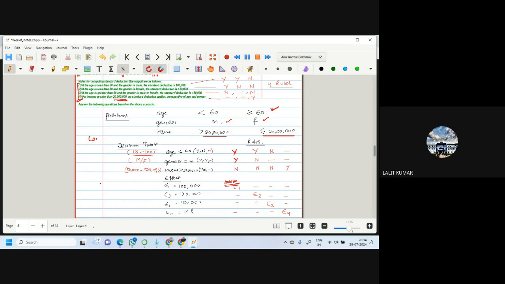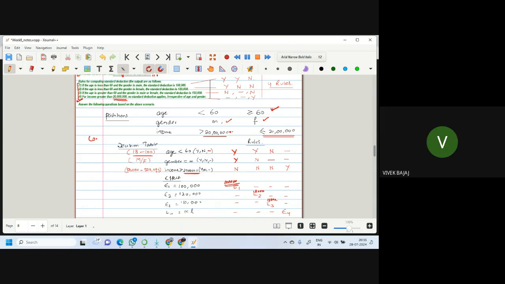The second condition, you come here 1,20,000. Here 1,50,000. For the last fourth, the decision table has income greater than 2 crores. Yes. Even here it should be 2 crores above also. Sorry, I'm a finance guy.